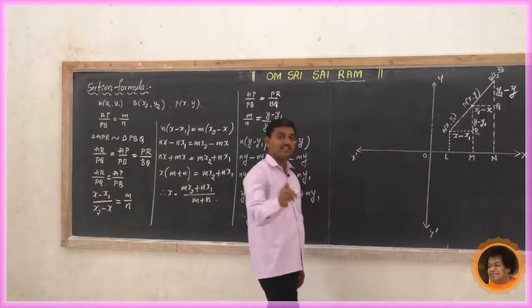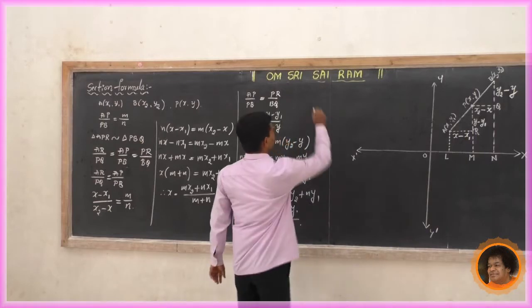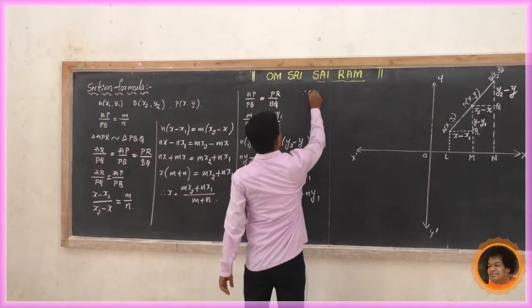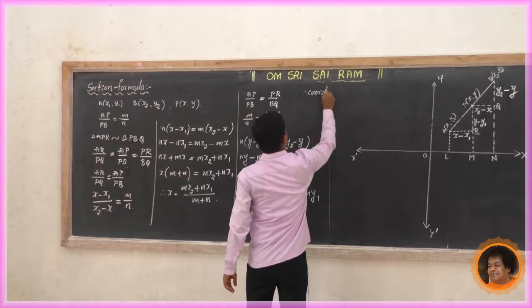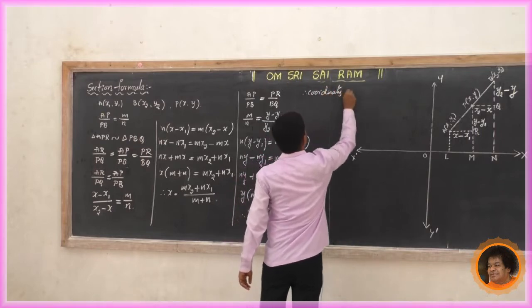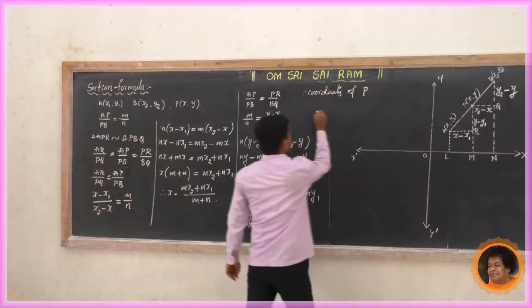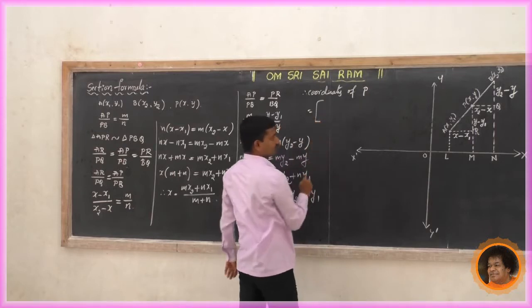Our aim is to find the coordinates of the point P. Therefore coordinates of P equal to x comma y.